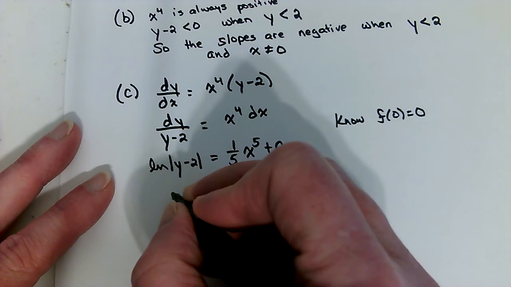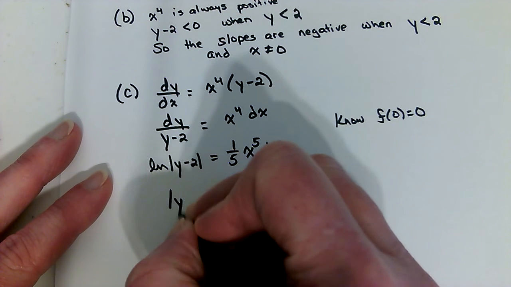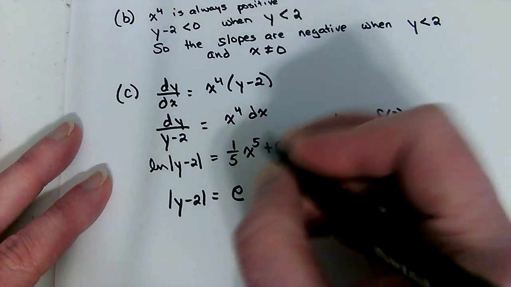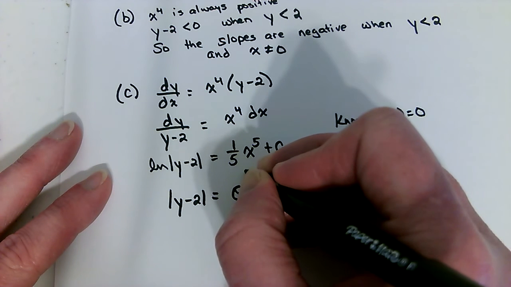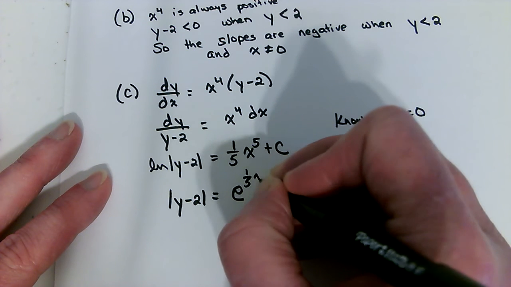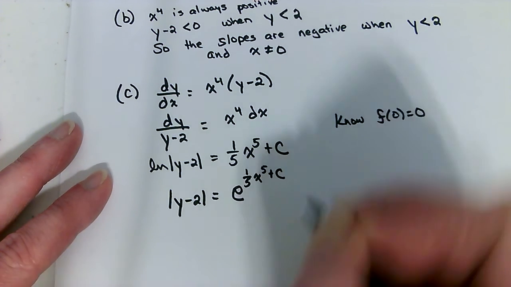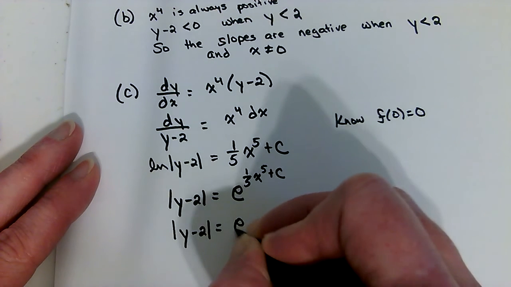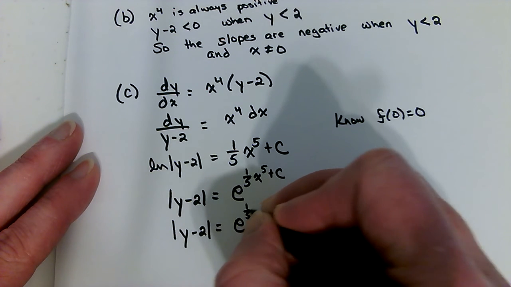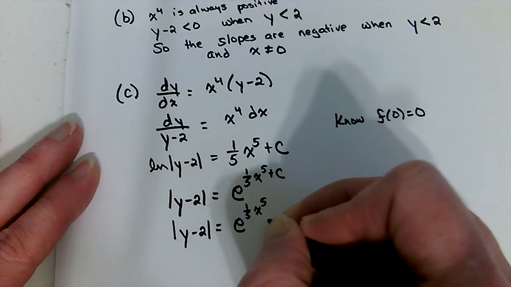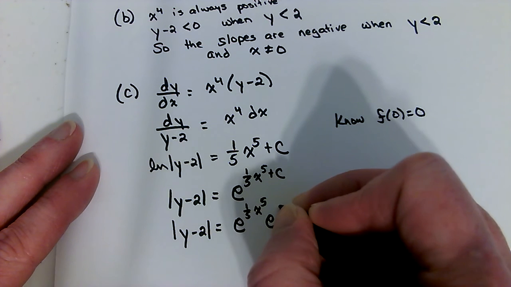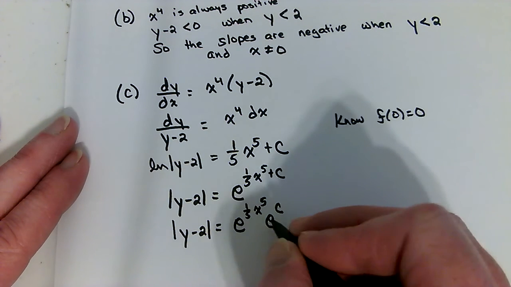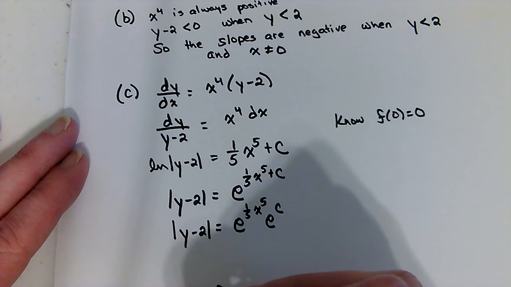That would be e to the, so absolute value y minus 2 equals e to the 1/5 x to the 5th plus c, that just turns into kind of a coefficient over here.